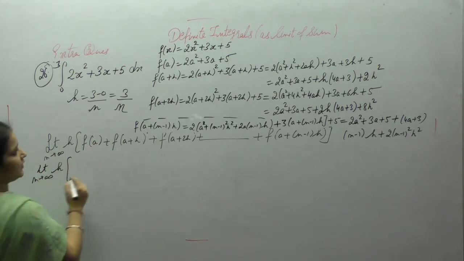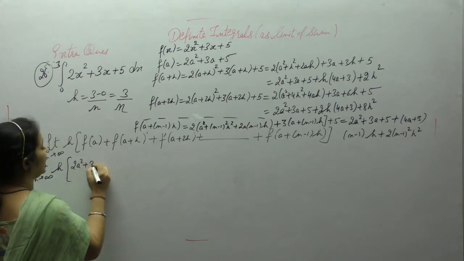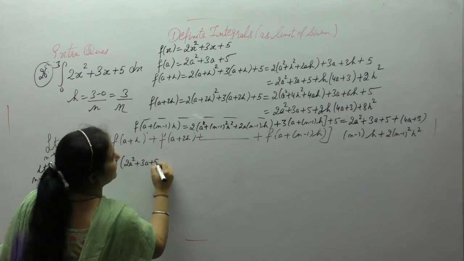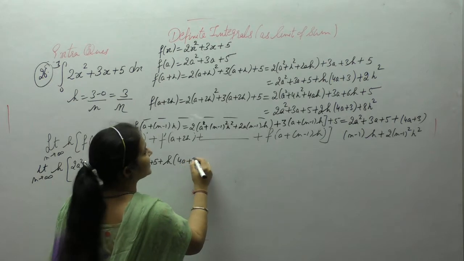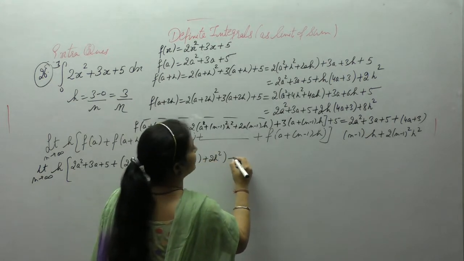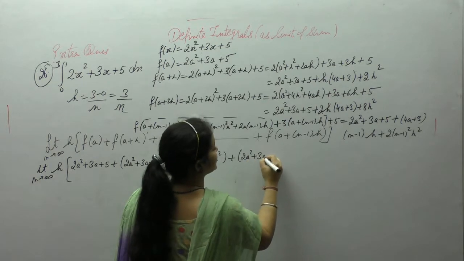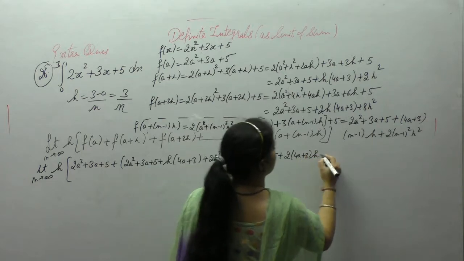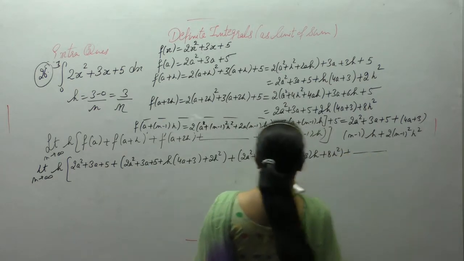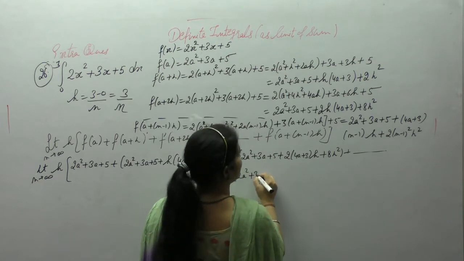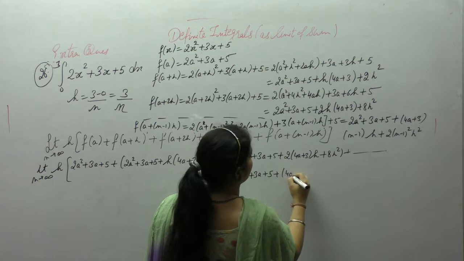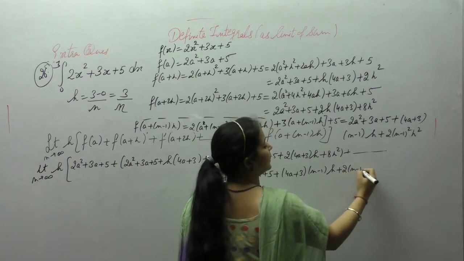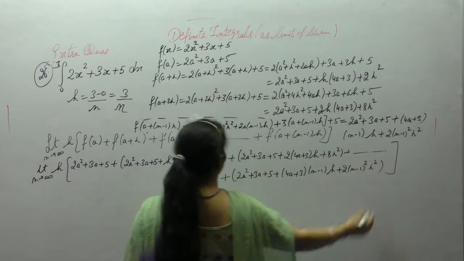Limit n tends to infinity, h times: f of a is 2a square plus 3a plus 5, plus 2a square plus 3a plus 5 plus h into (4a plus 3) plus 2h square, plus 2a square plus 3a plus 5 plus 2 into (4a plus 3)h plus 8h square, and so on up to 2a square plus 3a plus 5 plus (4a plus 3)(n minus 1)h plus 2(n minus 1) square h square.